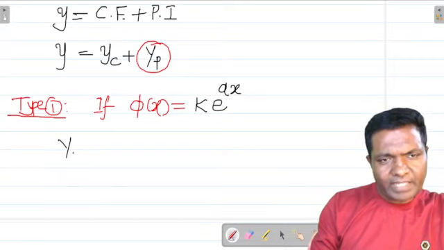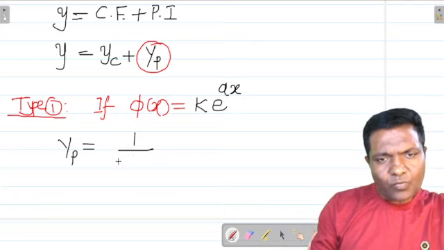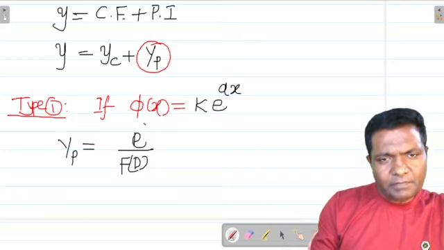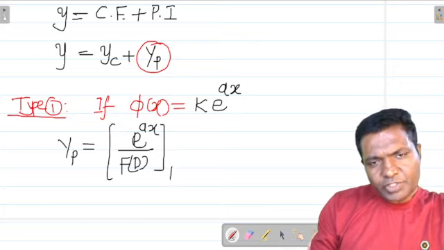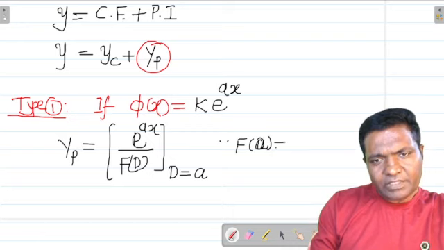the particular integral can be written as yp is equal to 1 by f of D, that is e power ax by f of D, in which you have to replace D as a, provided f of D, or f of a, must not be equal to 0.